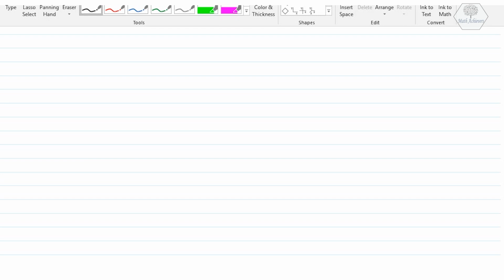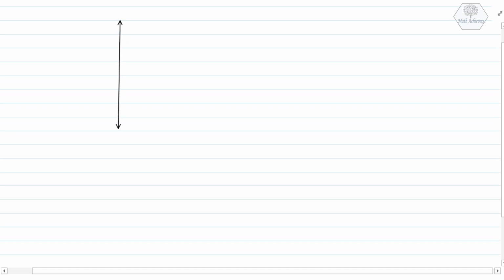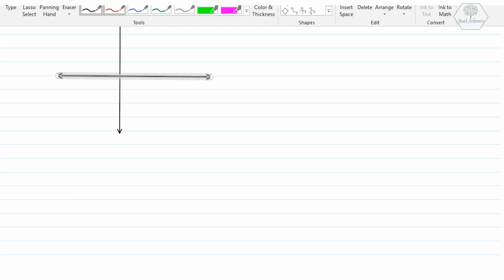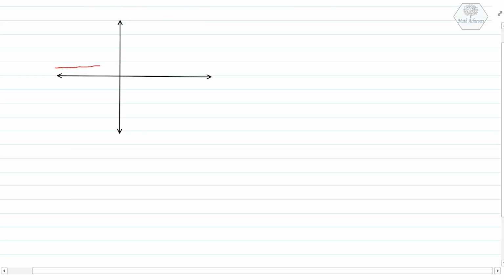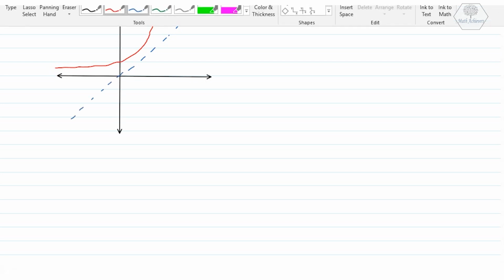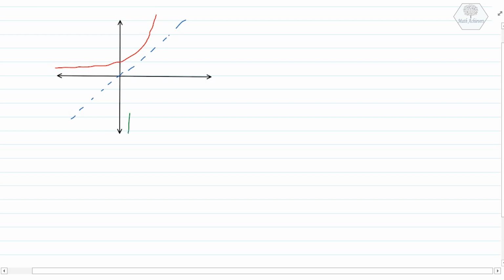This is my function, and this is the exponential function. If we want to draw the inverse function, which is a reflection on the line y equals x, we'll have the log, which is this way.